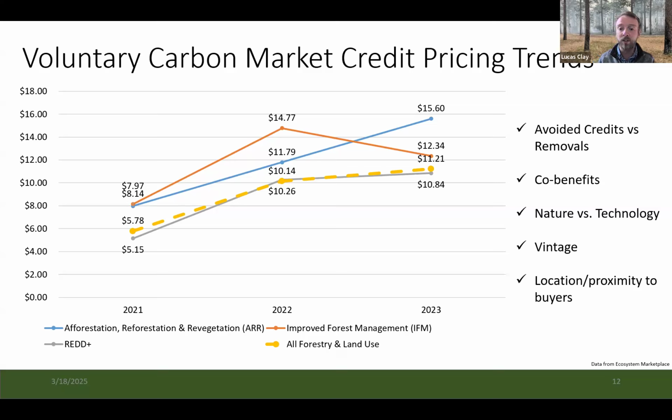And then there's also an increase in the desire for nature credits in this sense, because of that co-benefit component. And then vintage, so newer credits, and then location and proximity to buyers is also beginning to be important in these types of credits. So buyers are purchasing credits, especially forestry credits, near where their business operations are taking place.